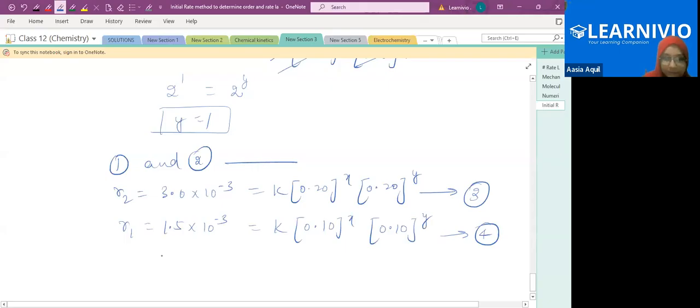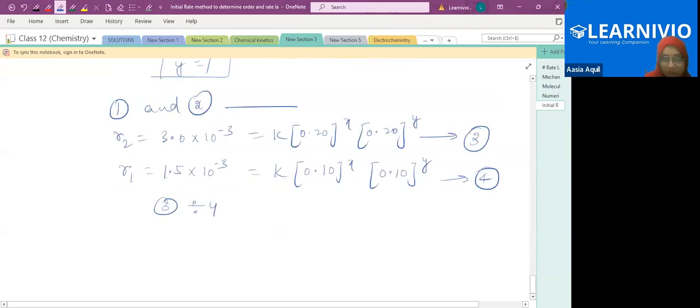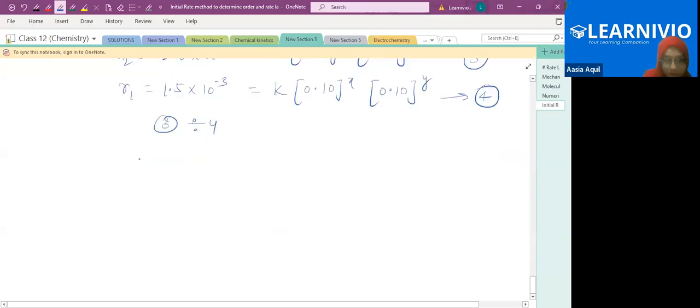Is divided. 3.0 into 10 raised to power minus 3 over 1.5 into 10 raised to power minus 3.